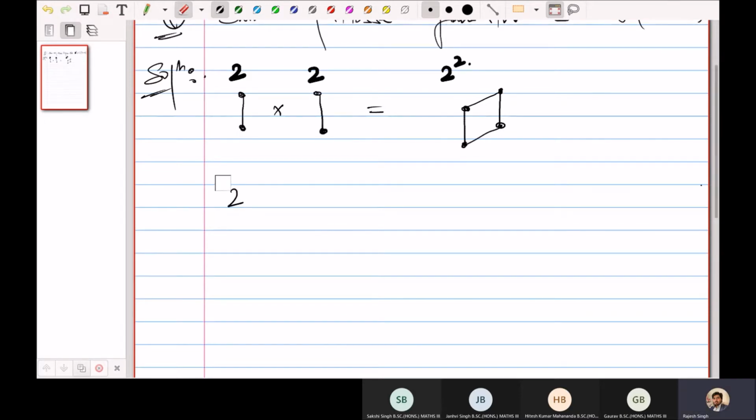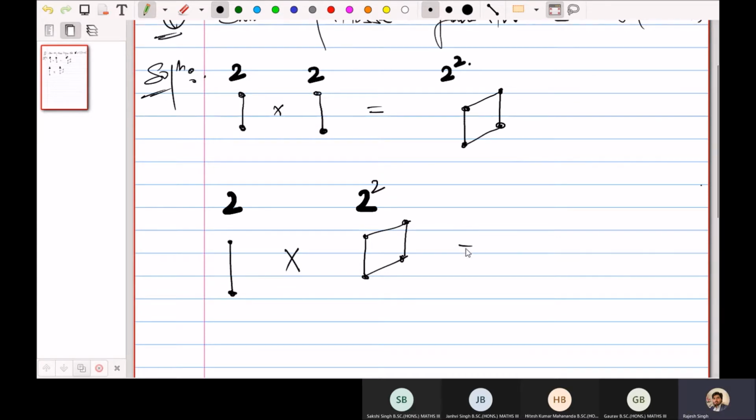Now 2 square and into 2. Or what you can do is, this is 2, this is again 2, and this is 2 square, right? So we have to multiply this.